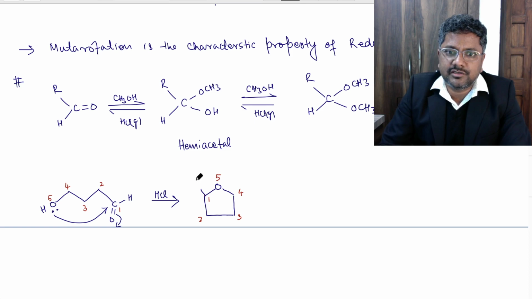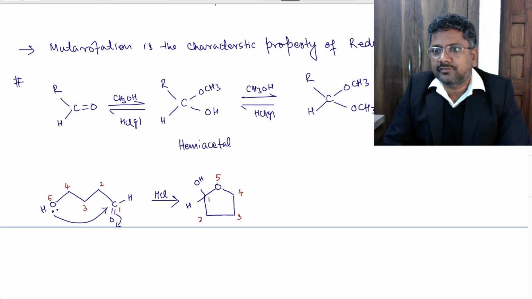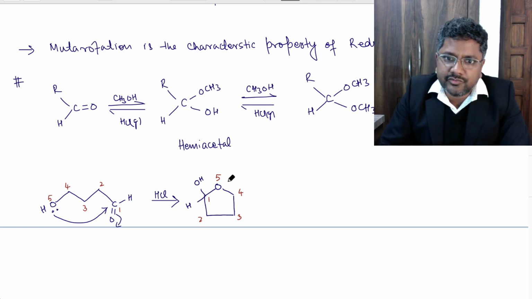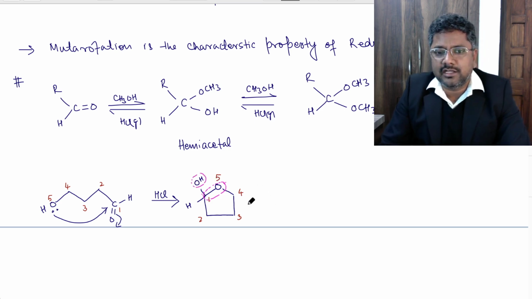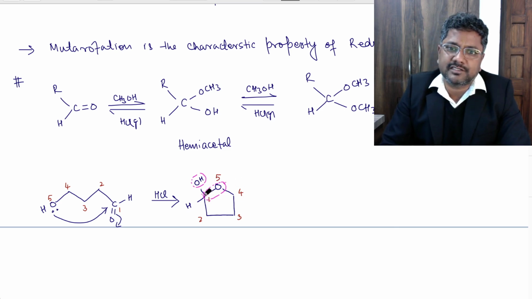and OH is attached here, and this is here. So if you examine this, you will find that this is an ether linkage, and this is an alcoholic linkage. So alcoholic and ether, both the functional groups are present at the same carbon.